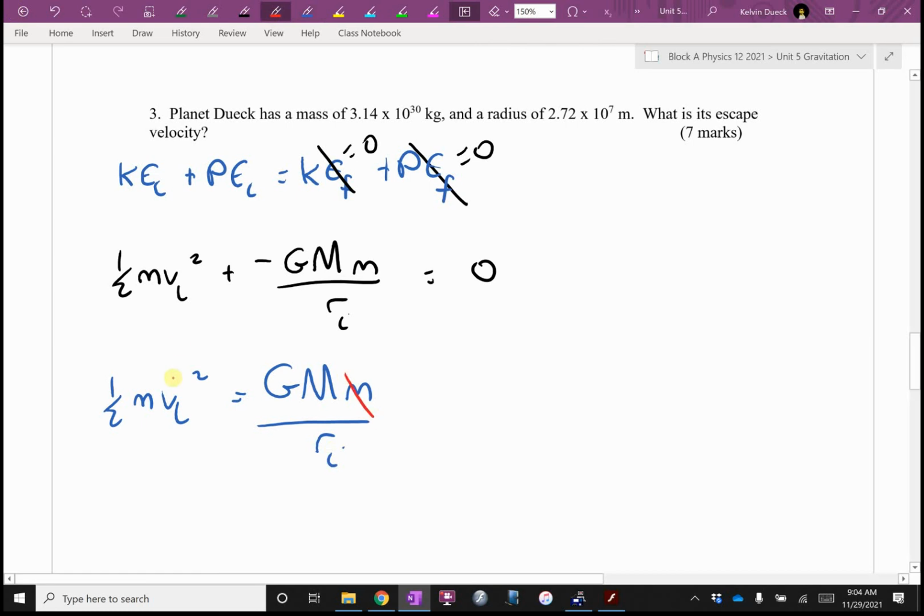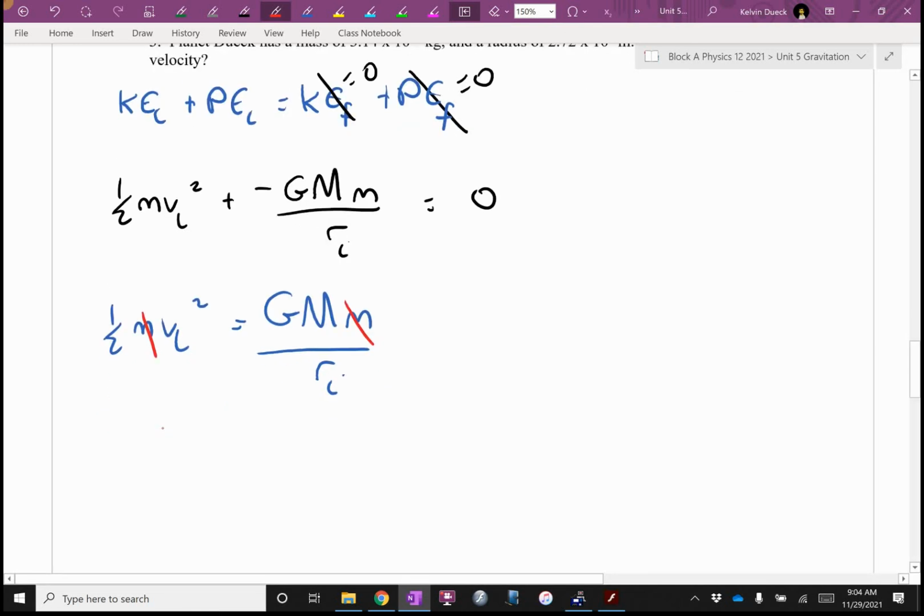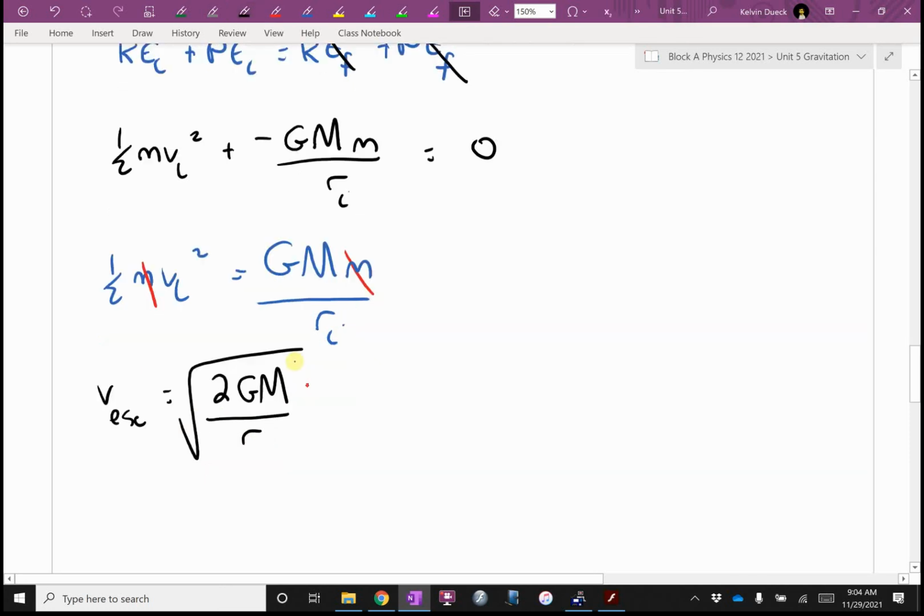And what's kind of nice is little m cancels. That's good because they didn't give me the mass of any spaceship. I want to get the v by itself. The escape velocity is going to be, it looks like, the square root of 2 big G, big M over R.